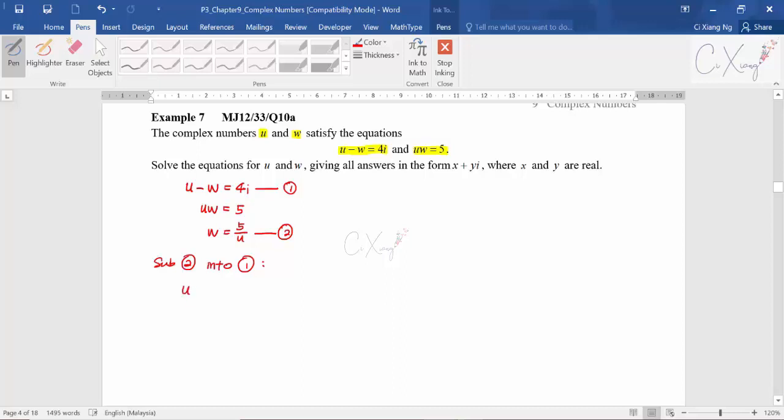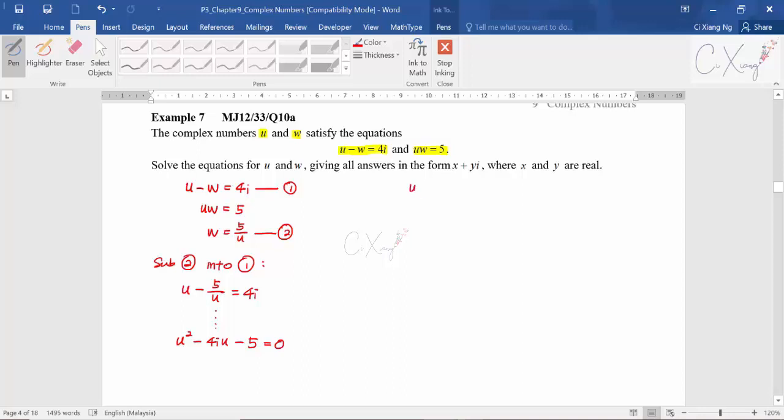Then you have u minus 5 over u equals 4i. And then if you rephrase everything, you will get a quadratic equation: u squared minus 4iu minus 5 equals 0. So your quadratic equation is in terms of u. You have u squared, then u to the power 1, and negative 5. Alright, once you get this quadratic equation, I think you should know how to do it.